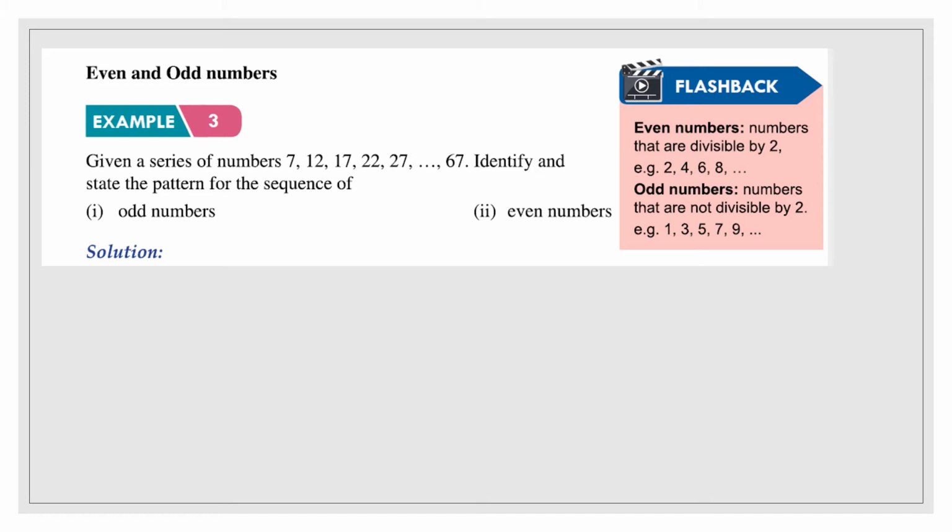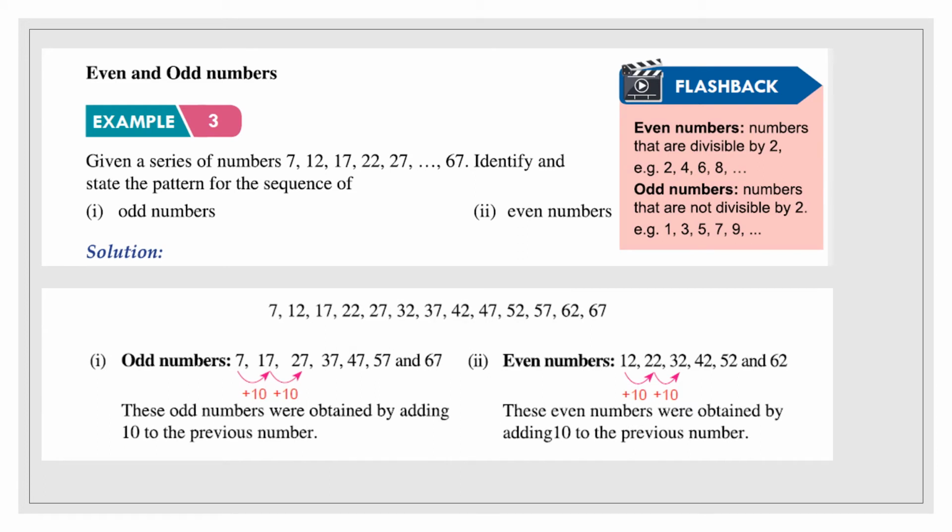Example 3. Given a series of numbers 7, 12, 17, 22, 27, until 67. Identify and state the pattern for the sequence of odd numbers. Solution. First step: complete the list of numbers from 7 until 67 according to the pattern.